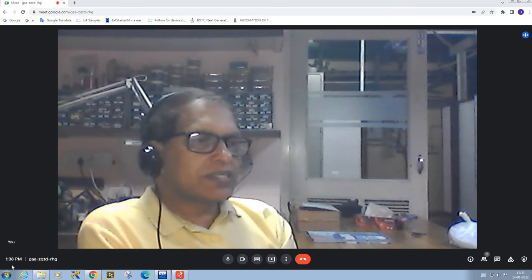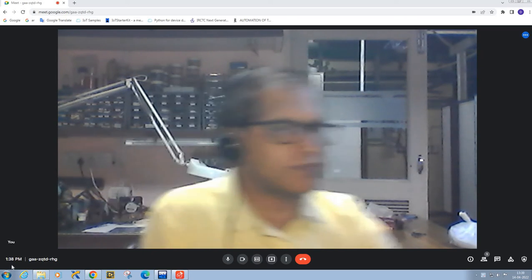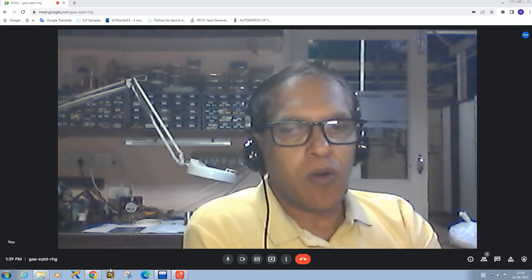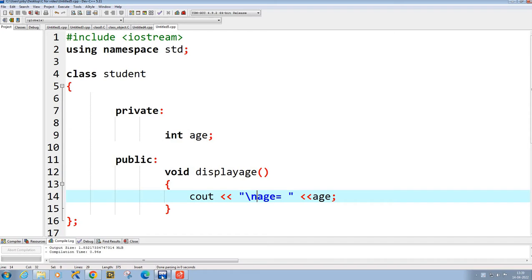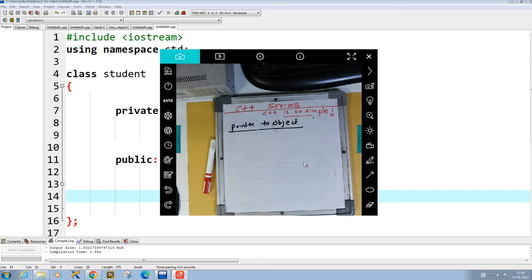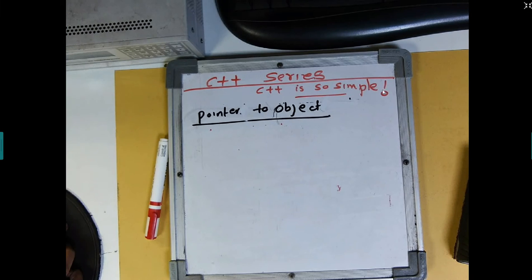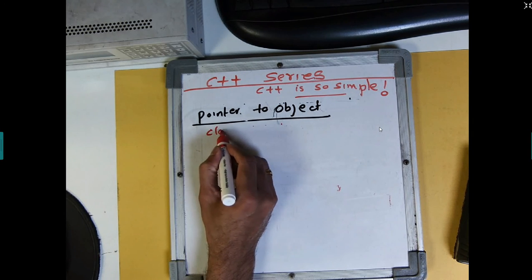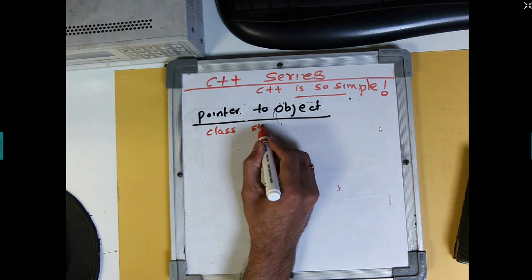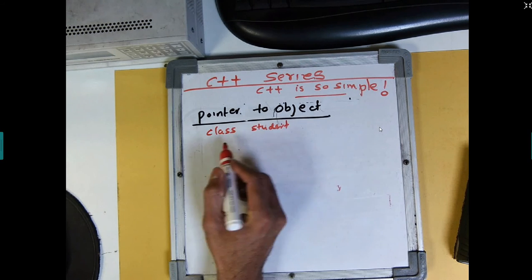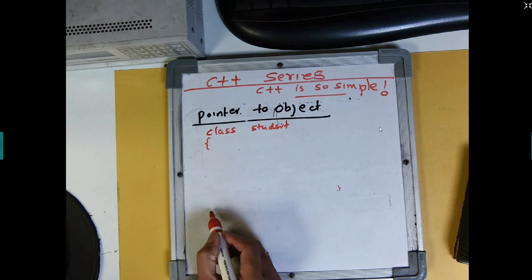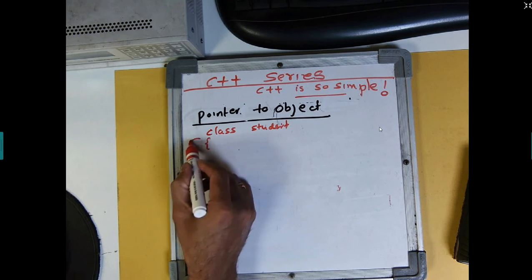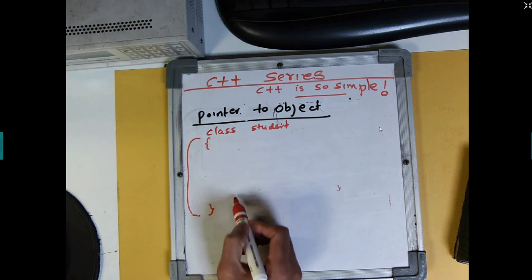Now, as we discussed in the earlier classes, you can access any object by creating an object from a class. So let's say we have a class student, in which whatever you write within this are the private property of this class.